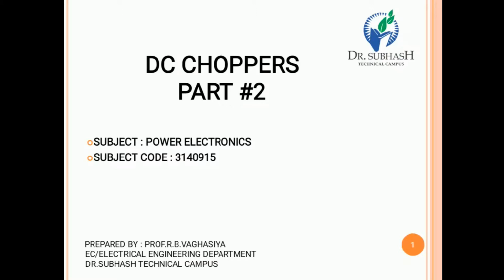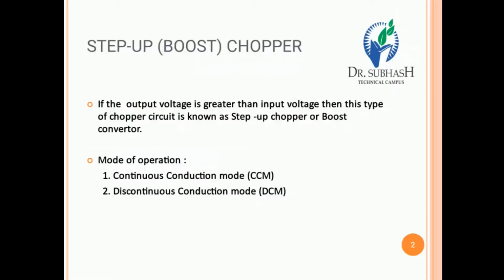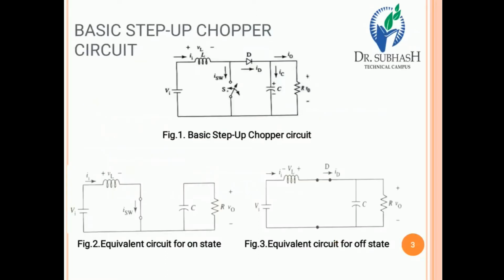In this video lecture we will discuss the step up chopper, where the output voltage is greater than the input voltage. This type of chopper circuit is known as a boost chopper circuit, or a step up chopper.